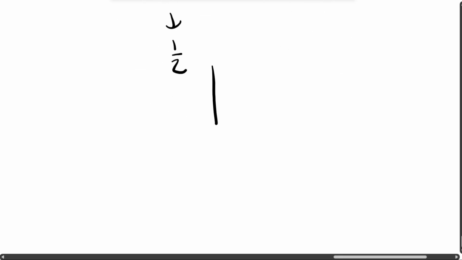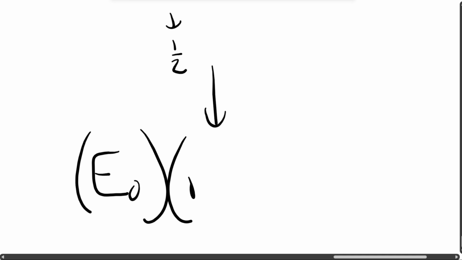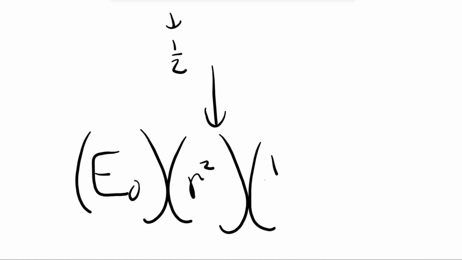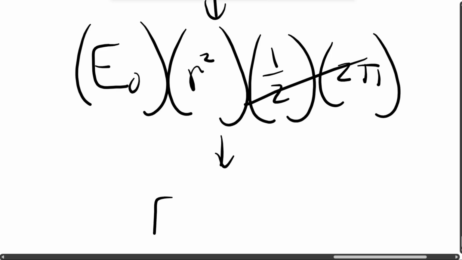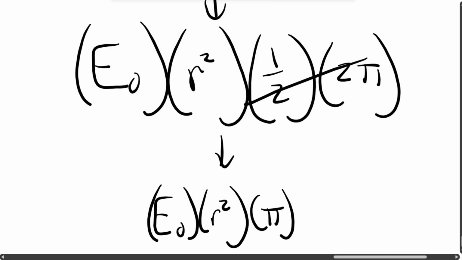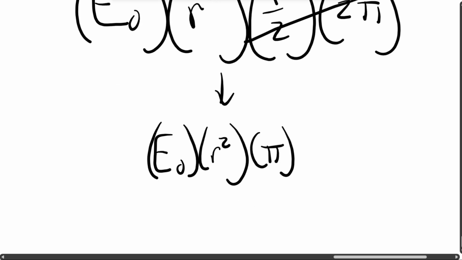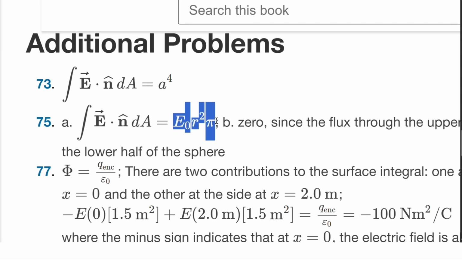So your final answer is E naught r squared times 1/2 times 2 pi. The 2's cancel, and your final answer is E naught times r squared times pi. And if we look at the book, that is our answer.